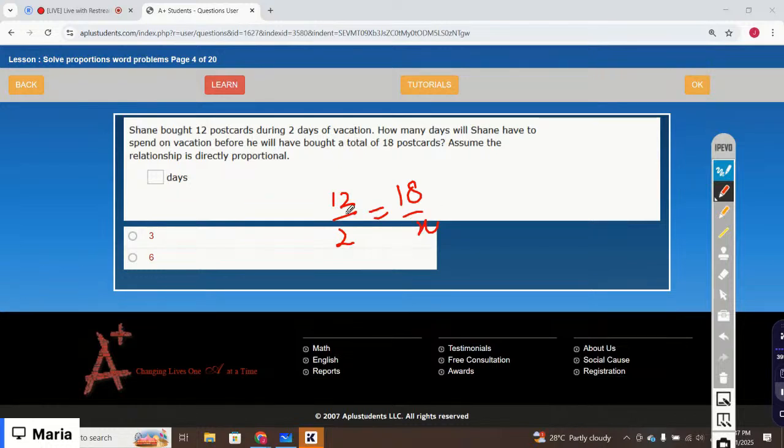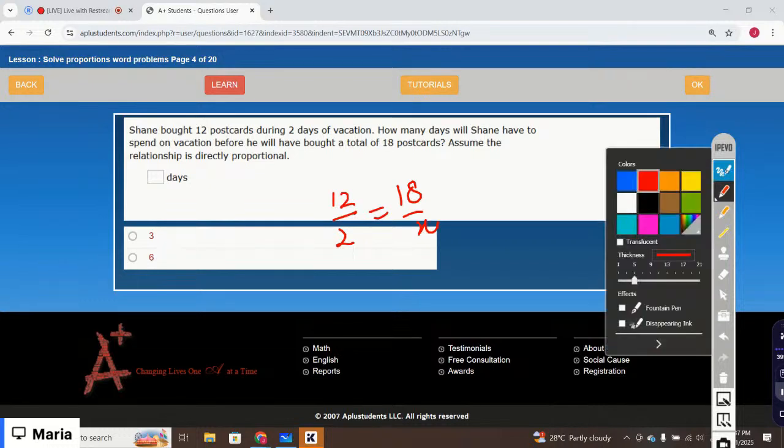So the correct option is option number 2. 6 it is.